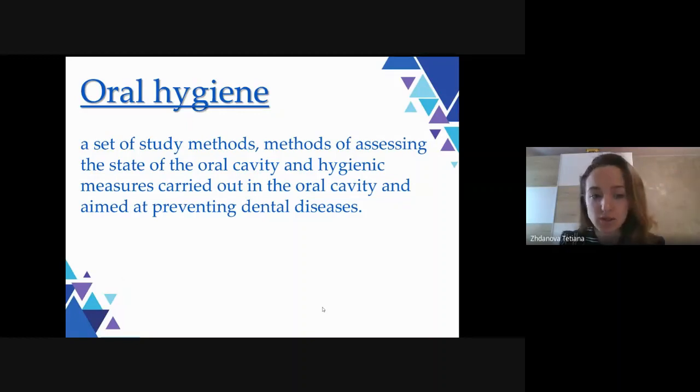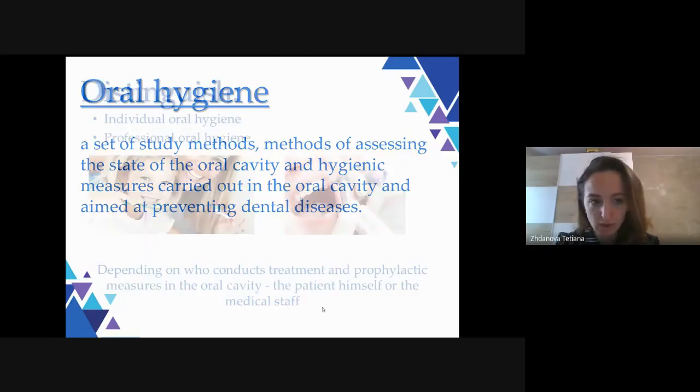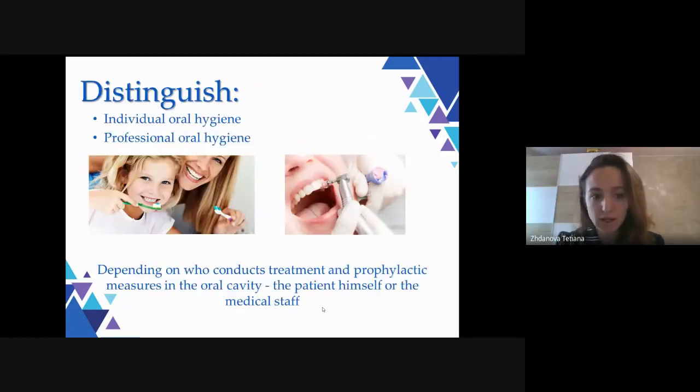It is a set of study methods of the state of the oral cavity and hygienic measures carried out in the oral cavity, aimed at preventing dental diseases. We know about individual oral hygiene and professional oral hygiene.